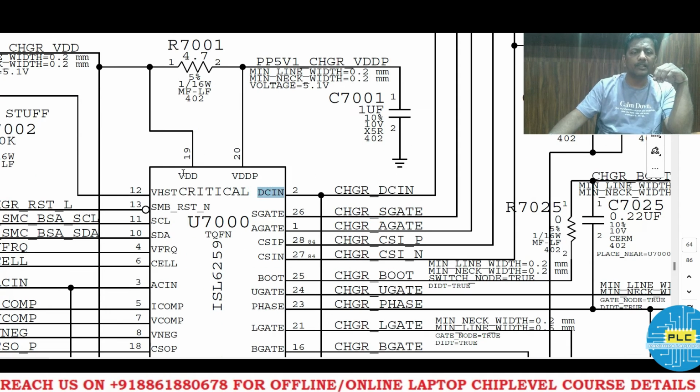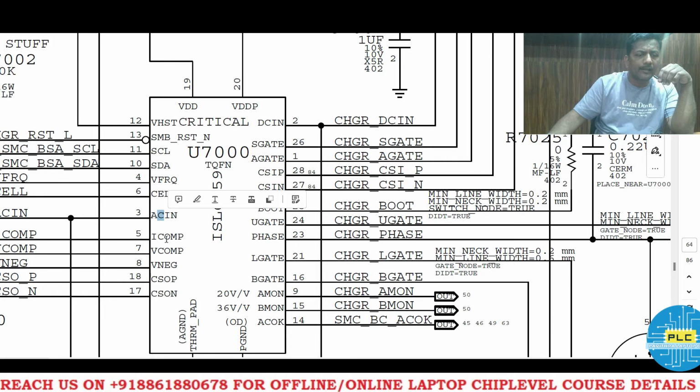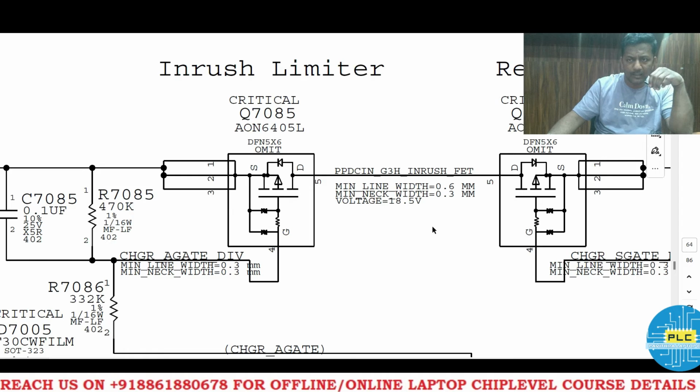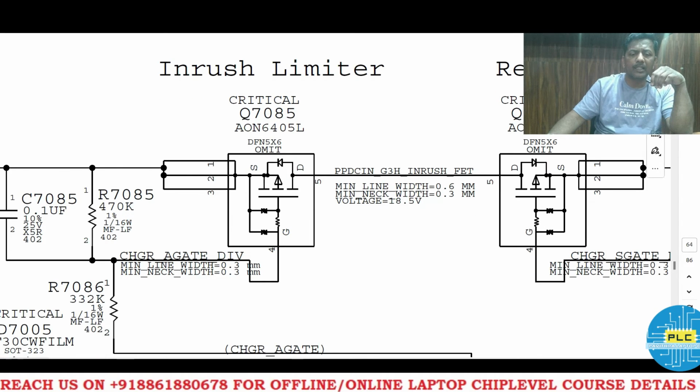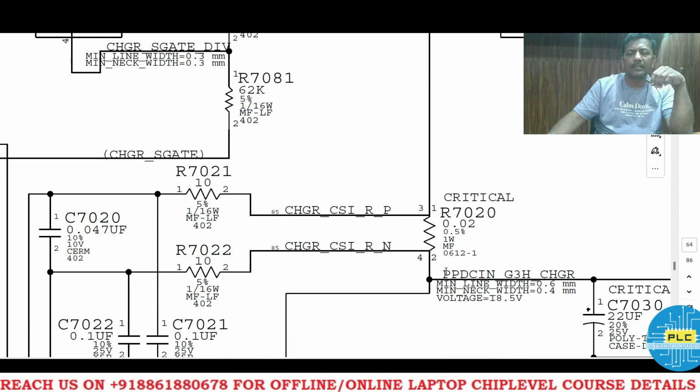DC in over, VDD, VDDP, AC in. Once this voltage is true, means once the gate voltage generates, then automatically we will get the CLR voltage. Here, see, PPDCIN G3H charger, correct.